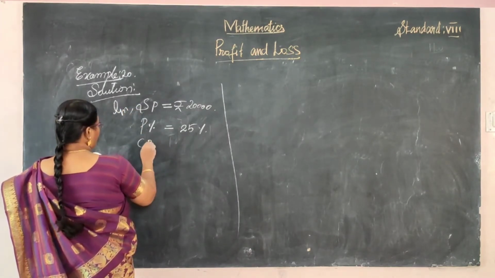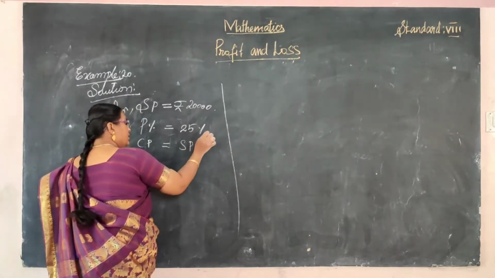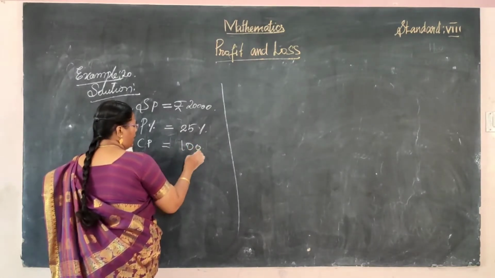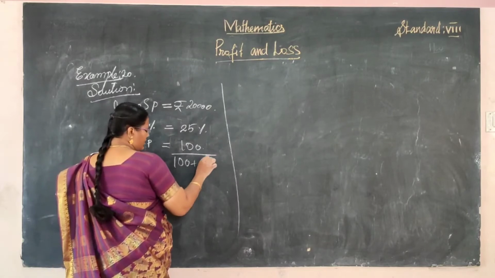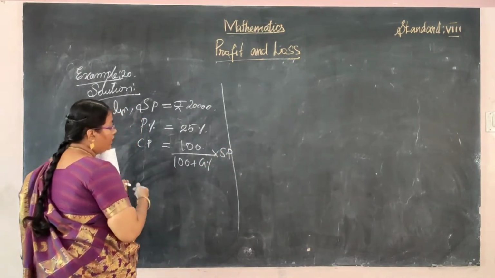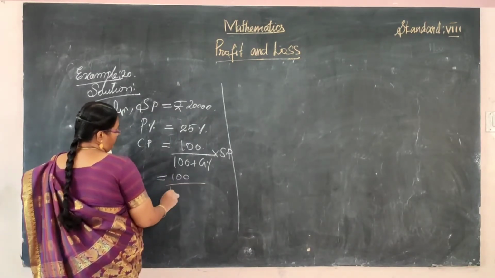Find the cost price. What is the formula for the cost price? SP into 100 divided by 100 plus gain percentage. Right. So substitute the values, we get the answer.